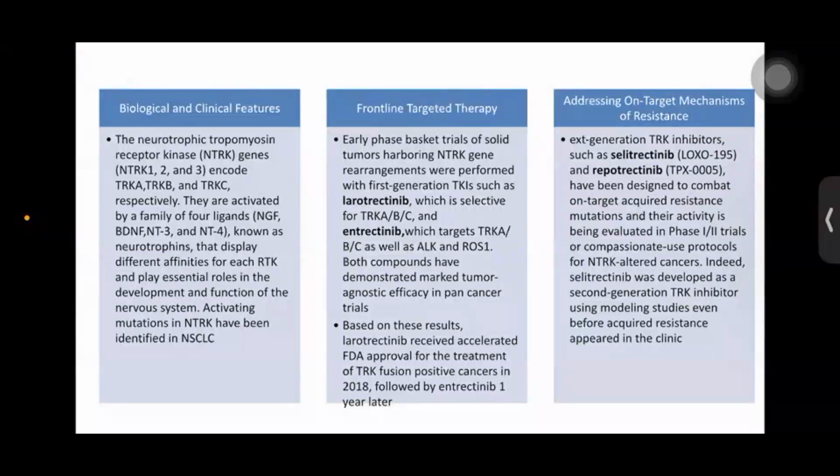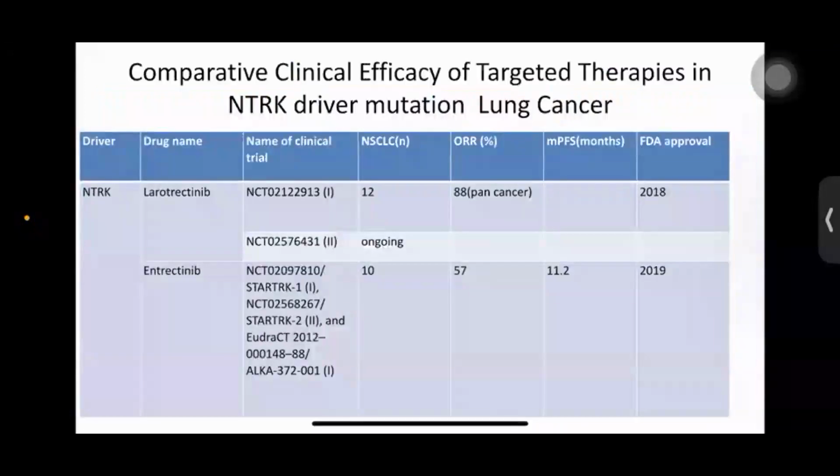And larotrectinib and entrectinib both have been approved for usage as NTRK inhibitors. And the next generation TRK inhibitors are selitrectinib and repotrectinib. These are also found to be effective against NTRK. So if you see the progression-free survival with entrectinib, it is around 11.2 months for patients with NSCLC.